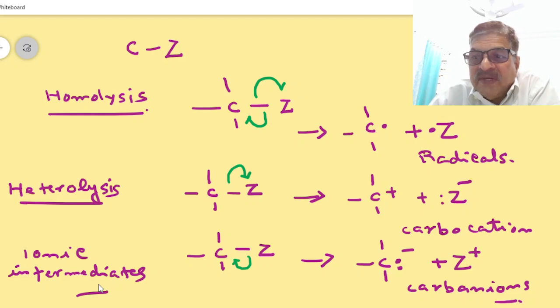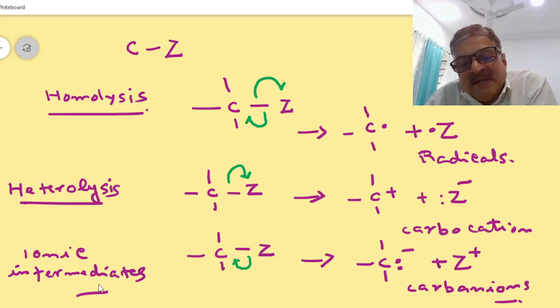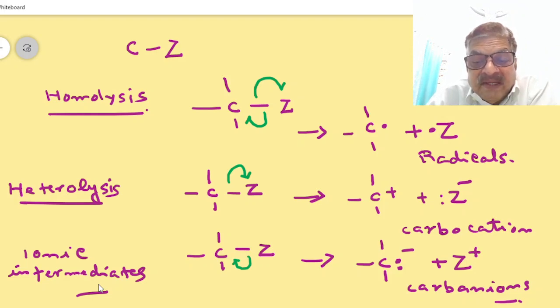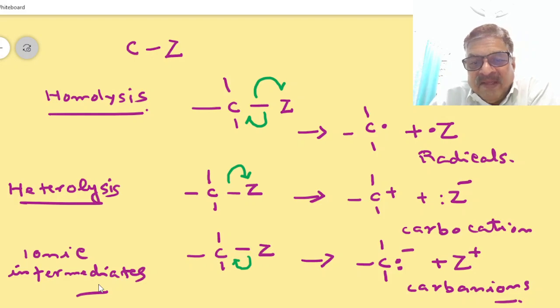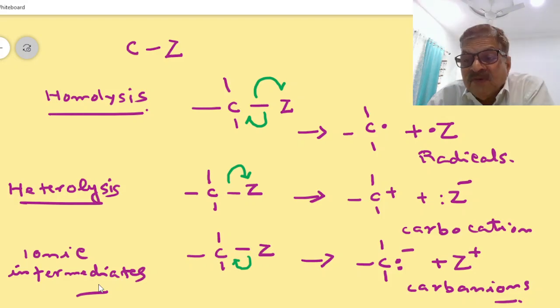Then a carbanion has a negative charge on a carbon, which is not a very electronegative atom as compared to the heteroatoms there. Therefore, a negative charge on a less electronegative atom like carbon generates an unstable, reactive species, that is the carbanion.